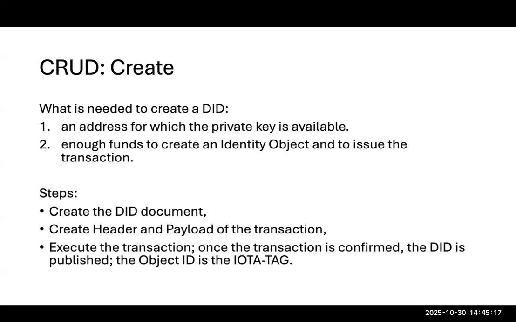And so the object ID, that is the hash of the transaction that you receive back from the ledger, is the IOTA tag or the method specific identifier of the DID. That's why you see in practice that the first time that you anchor your DID document, you don't have the address, but you can use it afterwards.